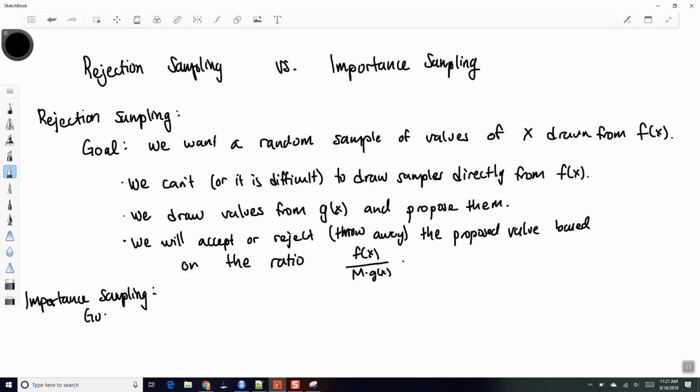The goal is we want to estimate the expected value of a function h of x applied to a variable defined by the PDF f. Okay, so we want to estimate this thing.